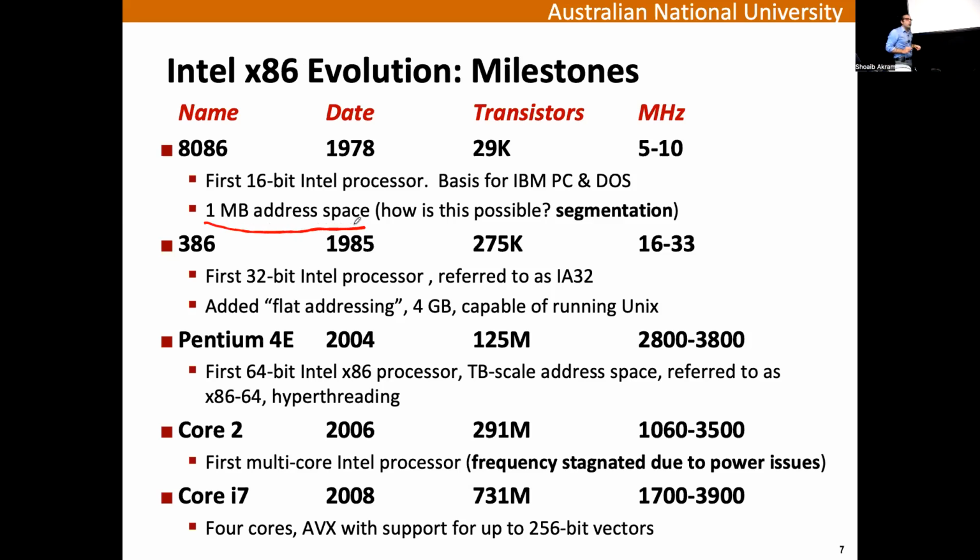Address space. What is an address space? It's the amount of memory a processor can address. So if I have a 16-bit processor, all my registers are 16-bit, meaning any pointer or any address that I have can only be 16 bits. And my address bus that connects my CPU, my processor, to memory is also 16 bits.